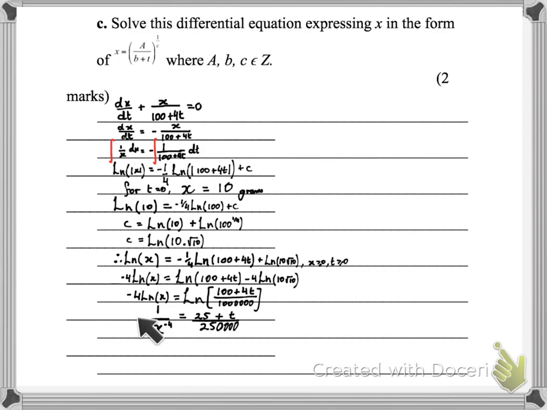Now we have also this part over here, this -4 can become the power of x, so we get an expression having over here a 1 over x to the power of 4, and that there should be a positive power of 4.